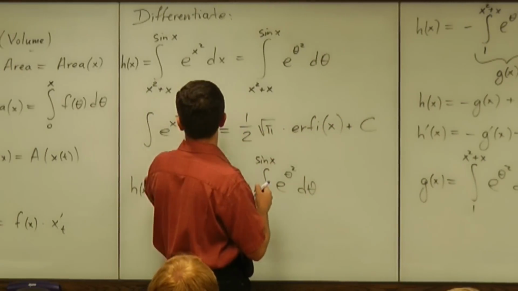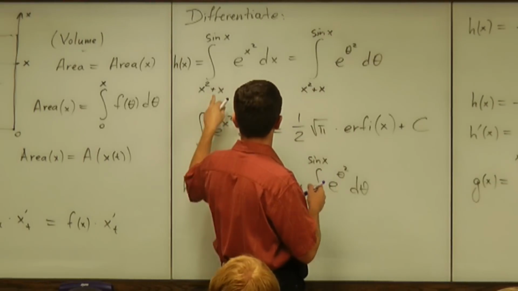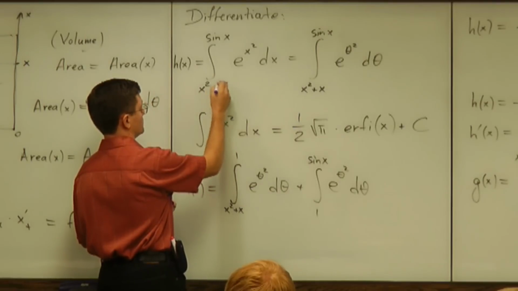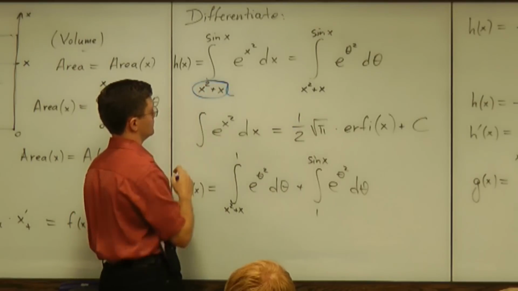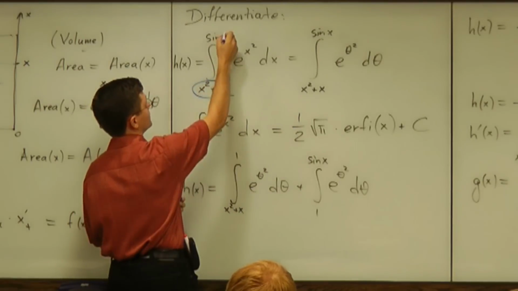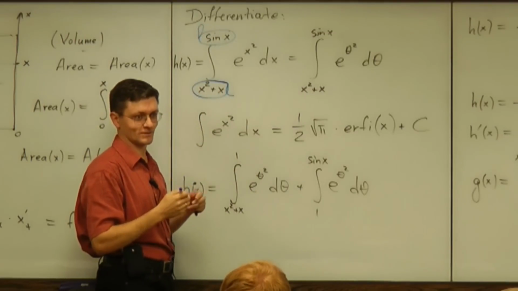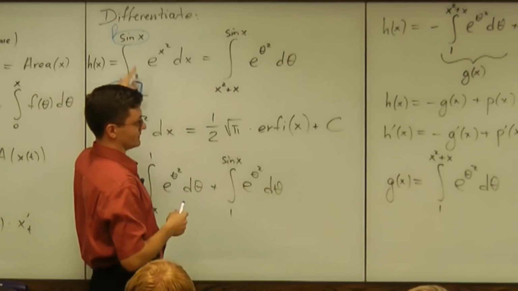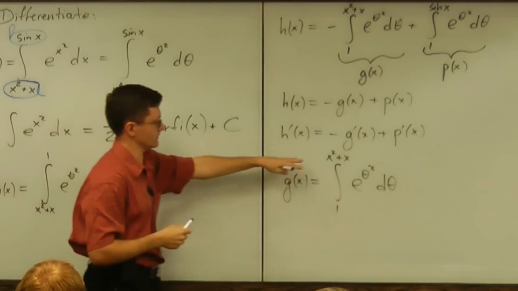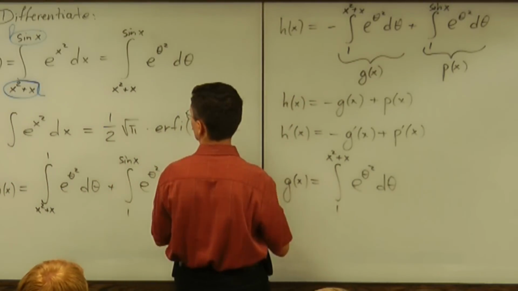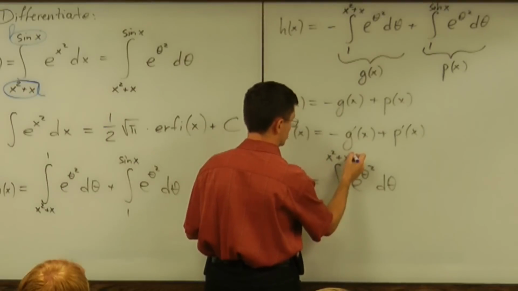Well, if I go back to my original function h, it was an integral from some lower limit a to the upper limit b. Right? And now my limits for h migrated into limits for g and p. So this was my lower limit for h.